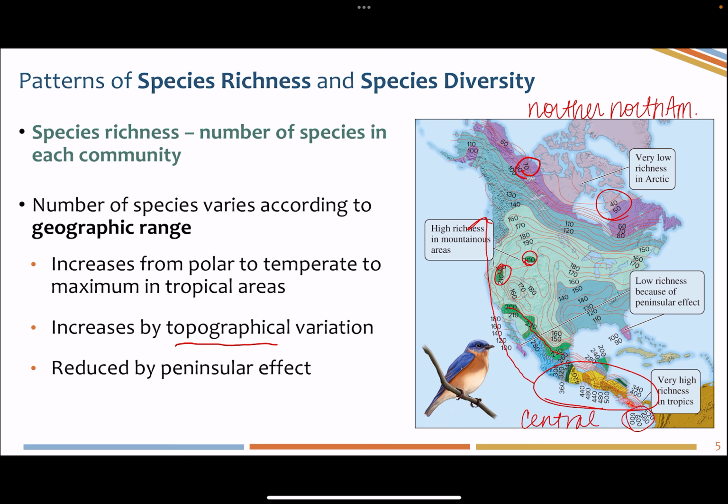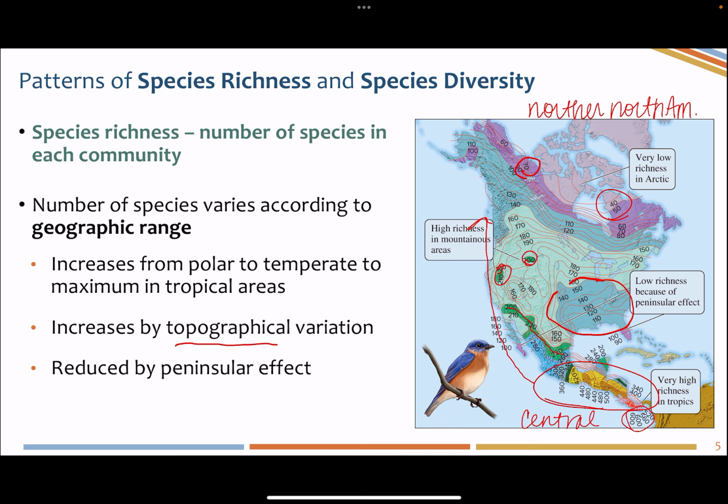And then weather in a local region helps as well. So there's a lot of rainfall in the tropics. In the American Southeast, we also have a decent amount of rainfall, but not as much as the mountains. So it just kind of depends on where you are in a particular area.